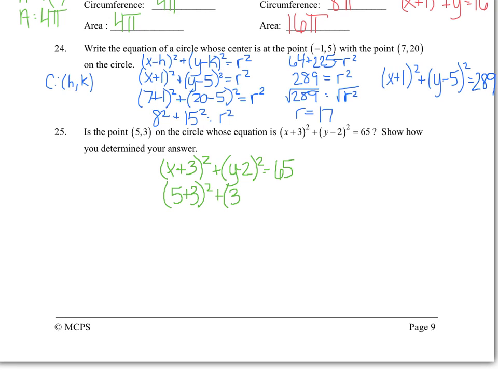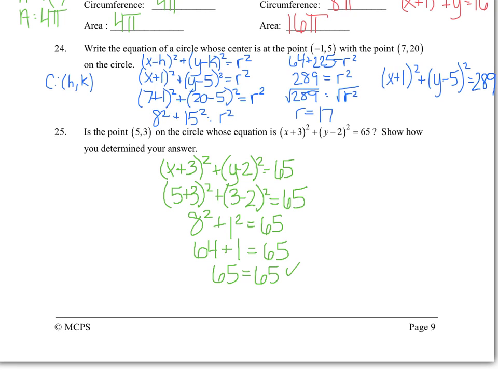I'm going to plug in 3 for y, so 3 minus 2 squared equals 65. 5 plus 3 is 8, so 8 squared, plus 3 minus 2 is 1, 1 squared. 8 squared is 64, plus 1 squared, which is 1, equals 65. 64 plus 1 is 65. 65 equals 65. So, yes, 5, 3 is on the circle.